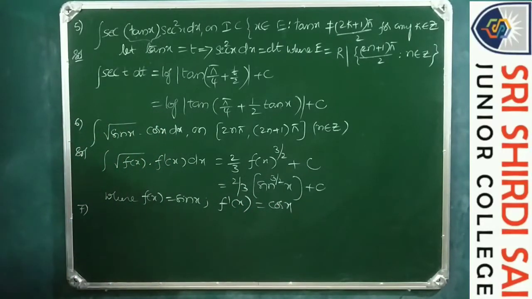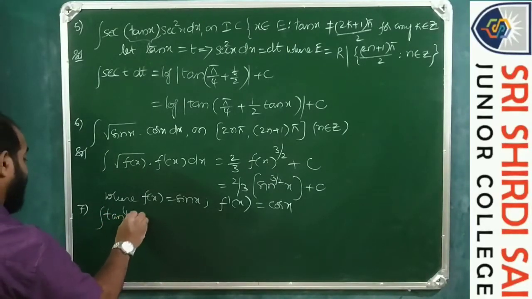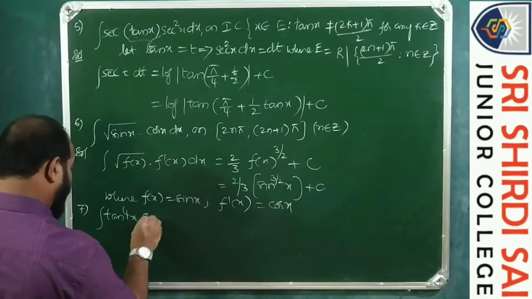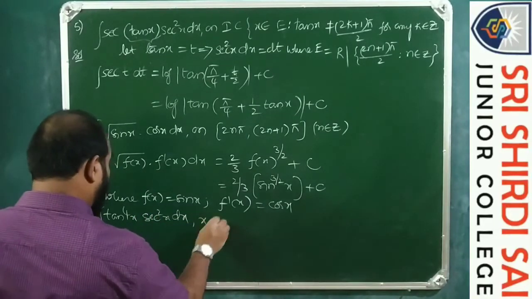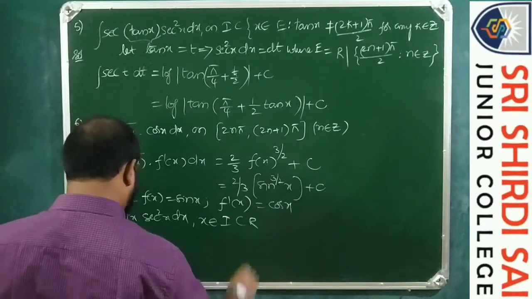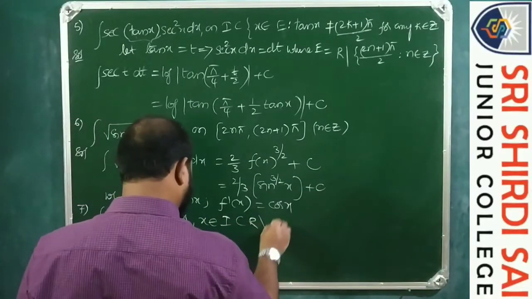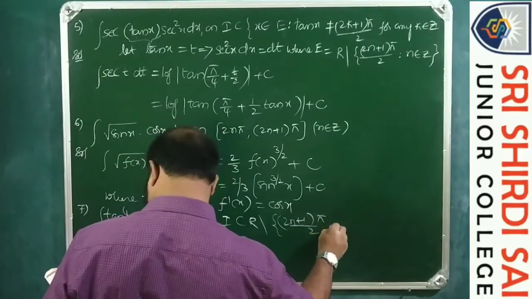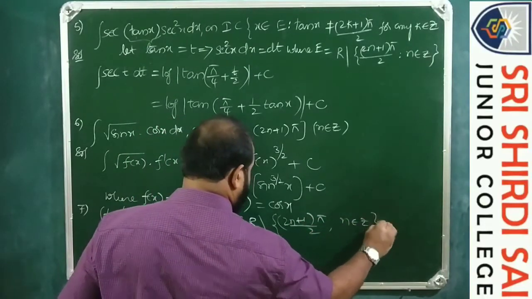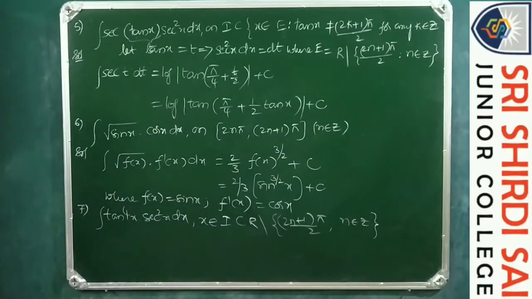Now the next one is integral tan power 4 x into secant square x dx, where x belongs to I, a subset of R, such that x is not (2n plus 1) pi by 2, n belongs to Z. Tan x derivative is secant square x dx.